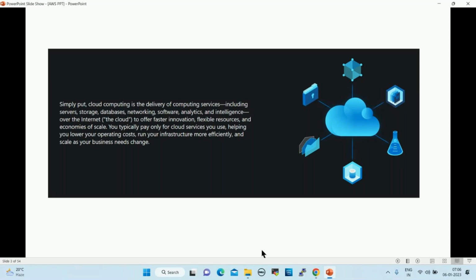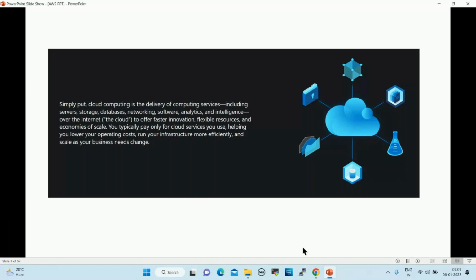If you use a cloud server for 1 hour, we pay the bill for 1 hour only. If you use a server for 9 hours per day, morning 9 to 6 p.m., for those 9 hours we pay the bills. Whatever servers, storage, switches, and network we use from cloud, we pay for that usage, which is nothing but the pay as you go model, right?